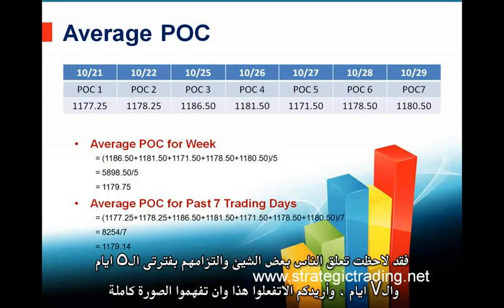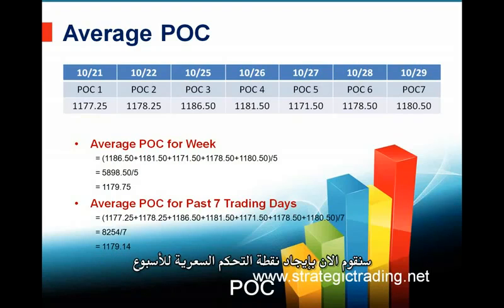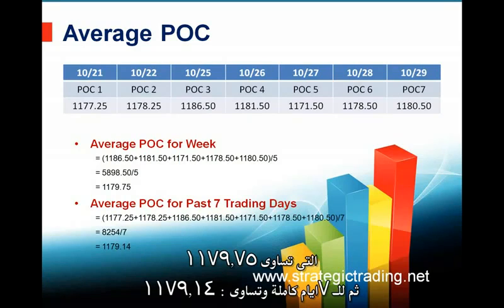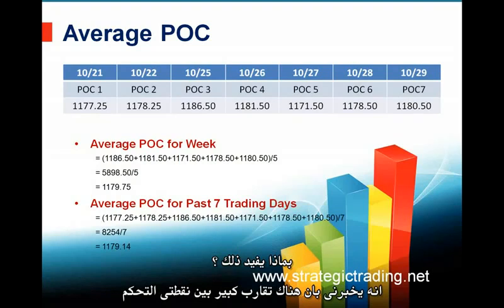I want you to get away from that, and that's part of when people do analysis and they really don't understand the whole picture. So having said that, I've now come up with an average POC for the week, which was 1179.75, and for the entire 7 days, I have 1179.14.